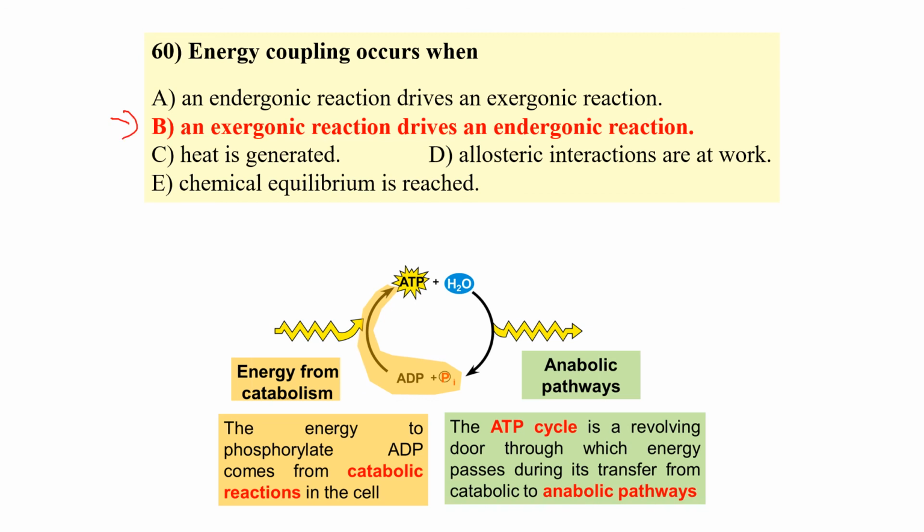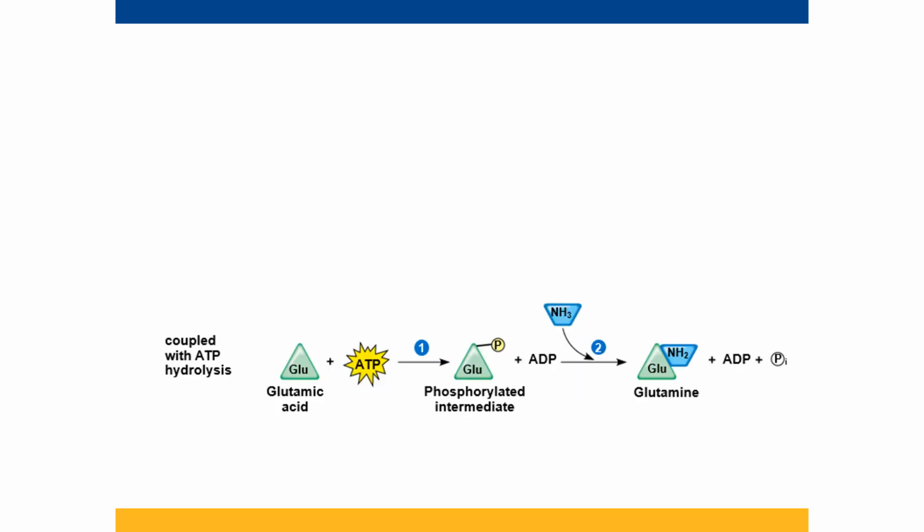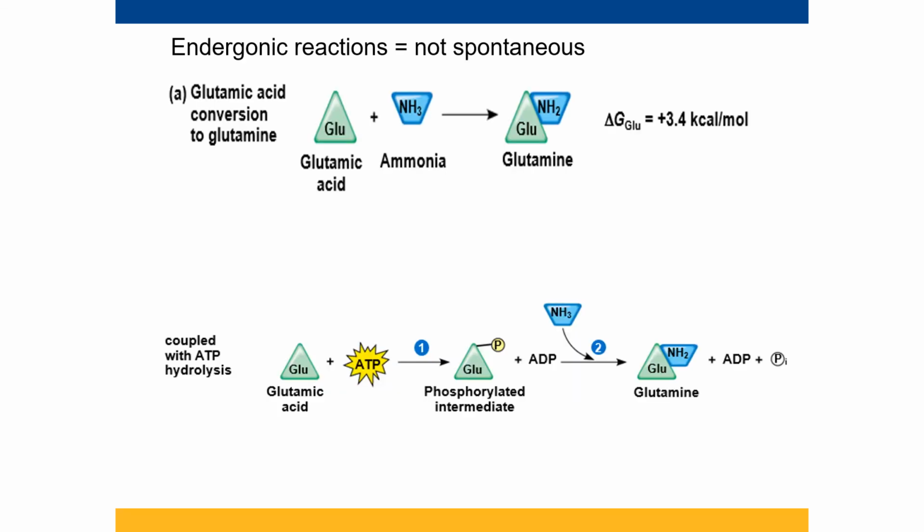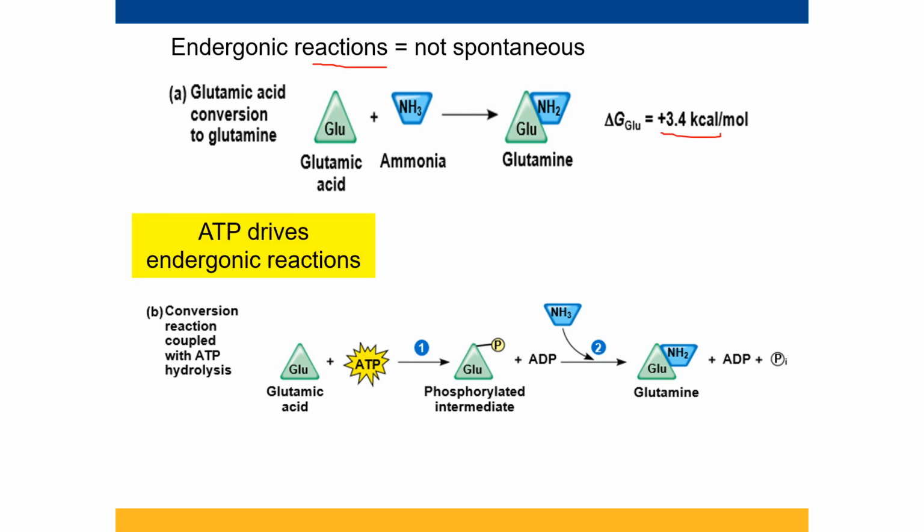Here, an exergonic reaction drives an endergonic reaction. And if you remember the previous slide, I showed you an example of an endergonic reaction that is not spontaneous, because this is positive. So what you do is, the ATP is turned into ADP, which is an exergonic reaction.